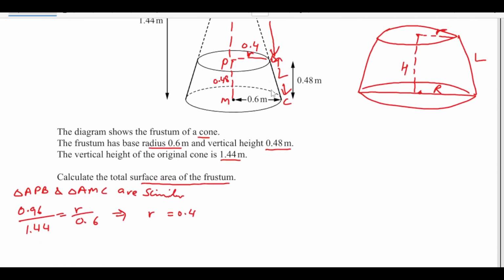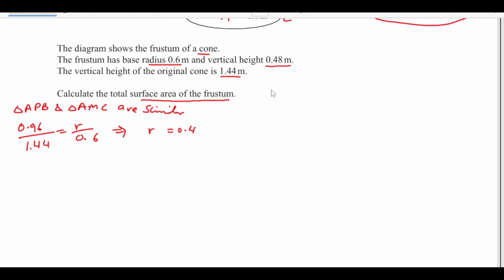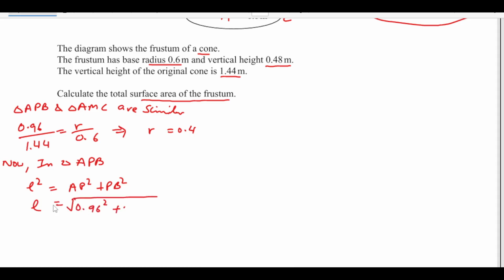Now in triangle APB, we have small l squared equals AP squared plus PB squared. So l is the square root of 0.96 squared plus 0.4 squared, and l comes out to be 1.04.